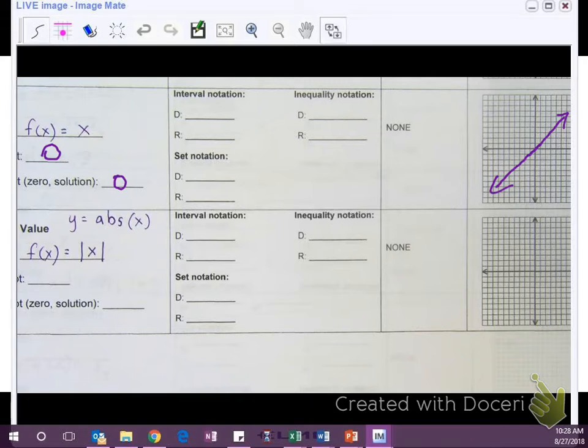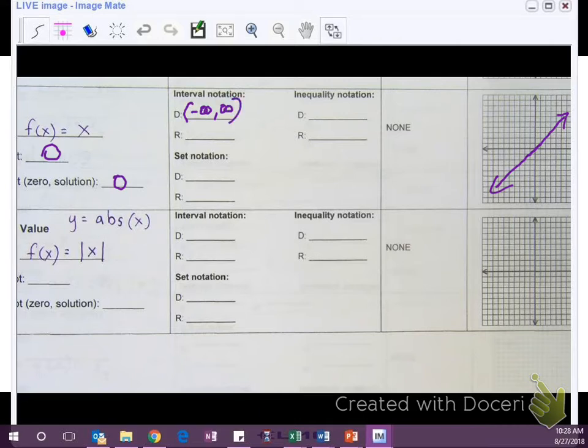So, what is the domain? If I try to shade this in, everywhere this function exists, what x values will be used? Infinity, right? Because this arrow indicates that it's going to the left forever and to the right forever. So my interval notation is negative infinity to infinity for domain.